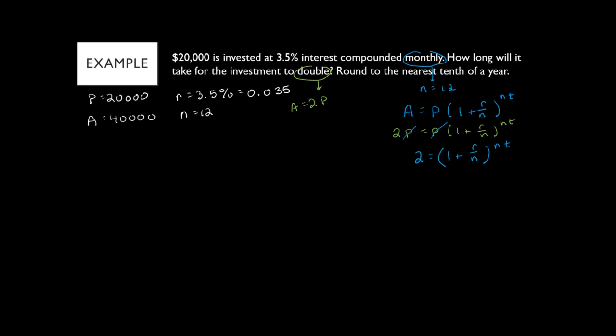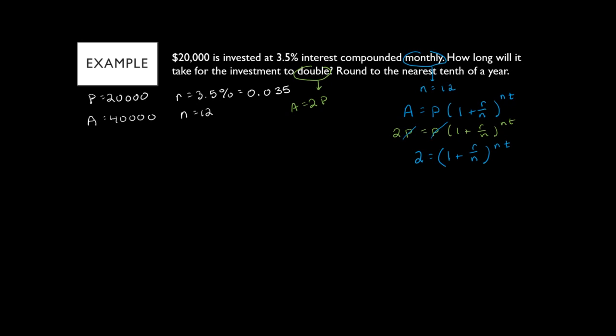And what you will find is that if you want to know how long it will take for something to double, it doesn't matter how much you are starting with, because you see the principal cancels out.